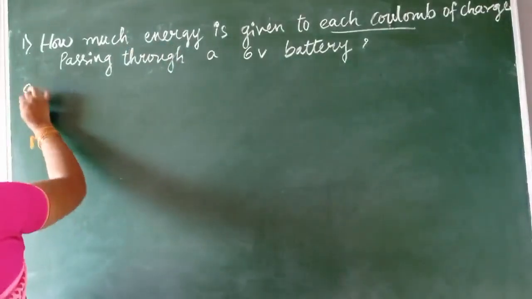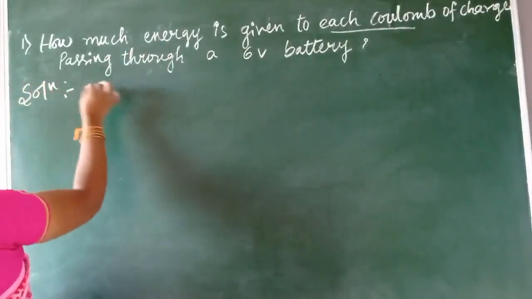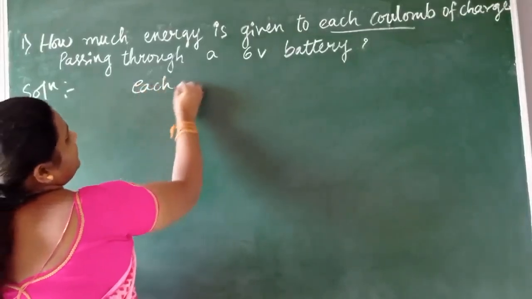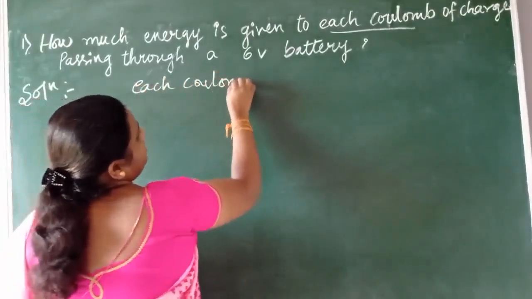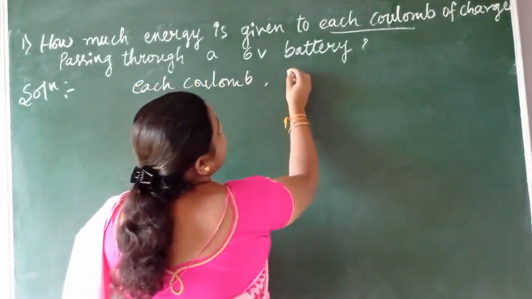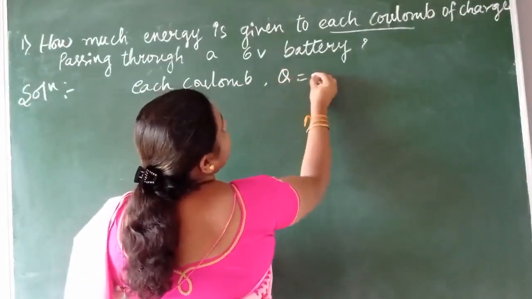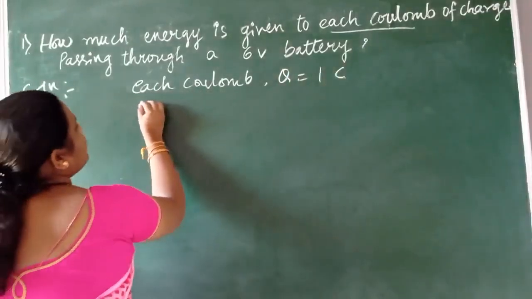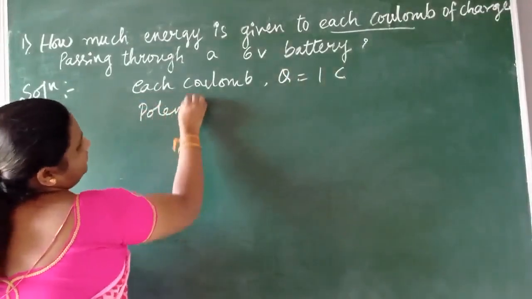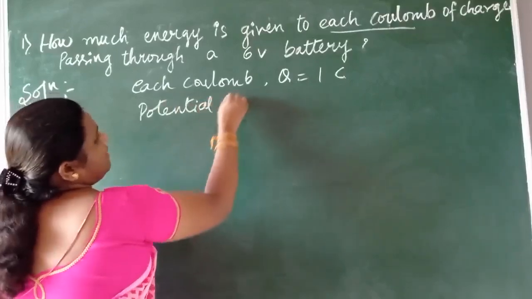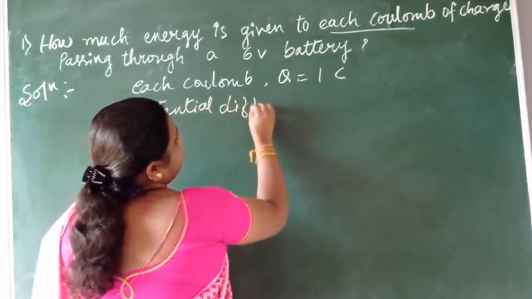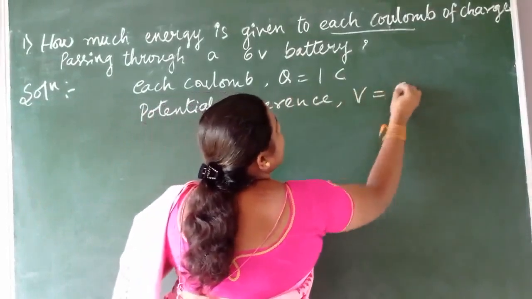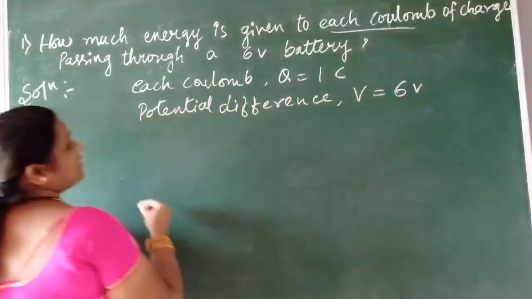So what is the given data, children? Each coulomb means Q is equal to 1 C, isn't it? Then the potential difference V is equal to 6 volts.